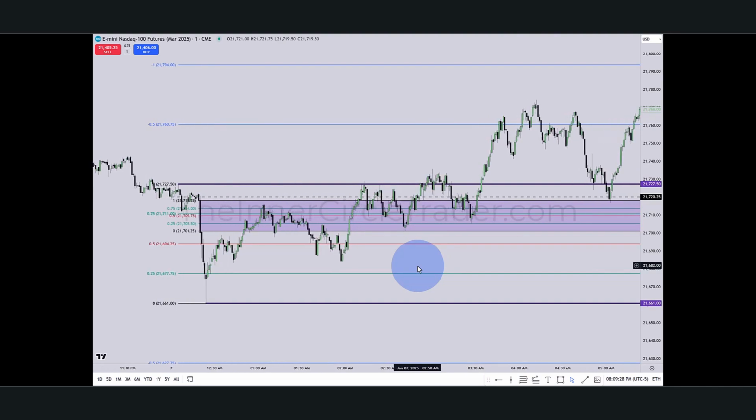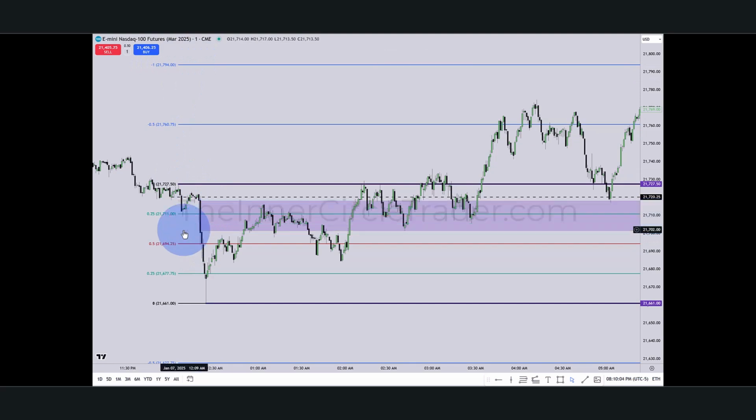We have the standard deviation based on this inefficiency. If we take the range from low to high, that's this low here to that high, half a standard deviation, 1 standard deviation. If we use the inefficiency, we can do the same thing there, where we take those levels and plot them from the low of the inefficiency to the high.